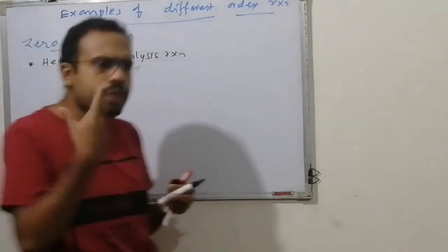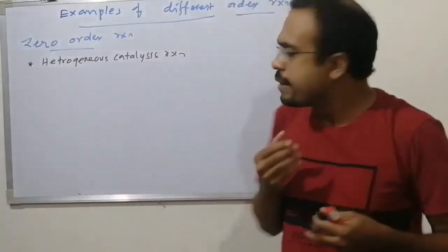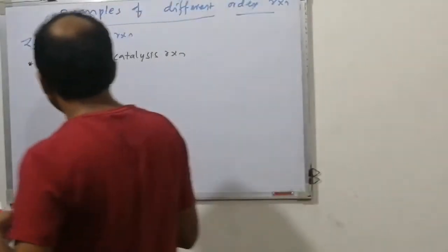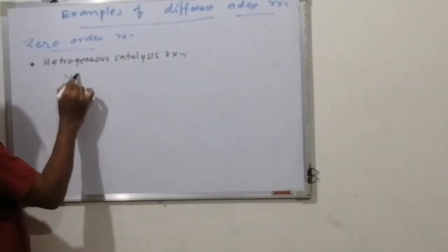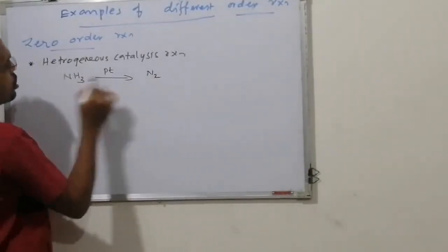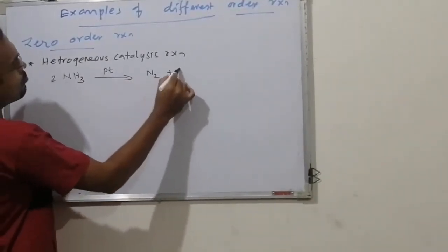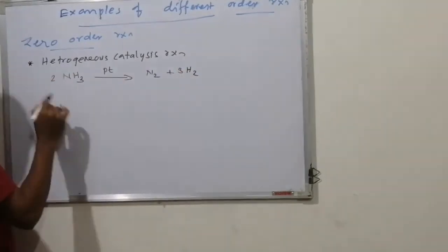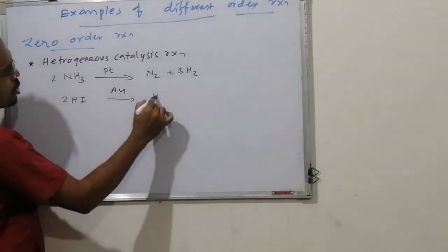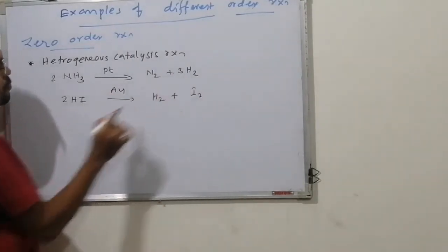Don't think that all heterogeneous reactions are zero order, but mainly heterogeneous catalysis reactions are zero order. Some examples: decomposition of NH3 in the presence of platinum, giving N2 plus 3H2. Another one, 2HI with gold catalyst, giving H2 plus I2.